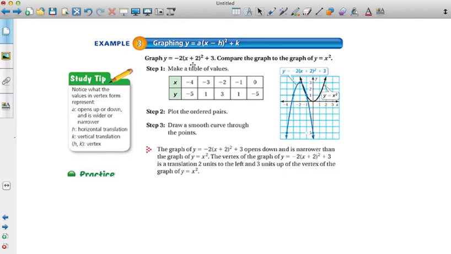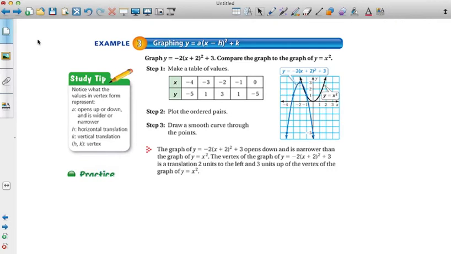Well, that's going to tell me, think opposite, it's going to move 2 units to the left. Let's check it out. Started here, moved 1, 2, and there it is, moved 2 units to the left. The plus 3, this k, tells you whether it's translating up or down and how many units. The plus 3 tells me it goes up 3. 1, 2, 3.